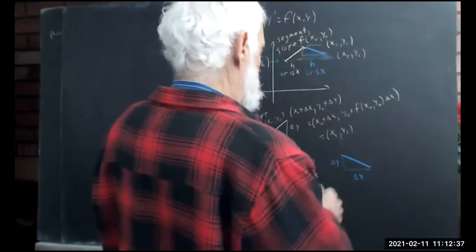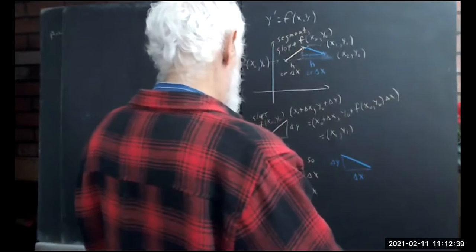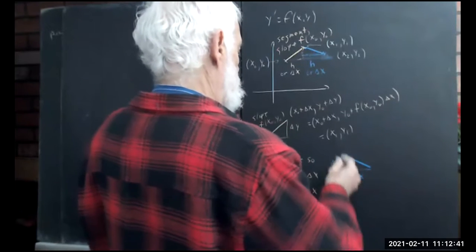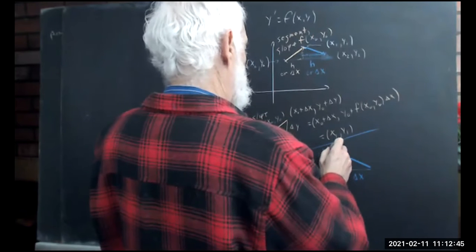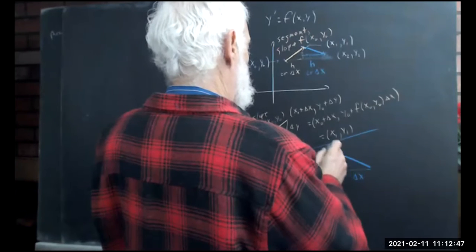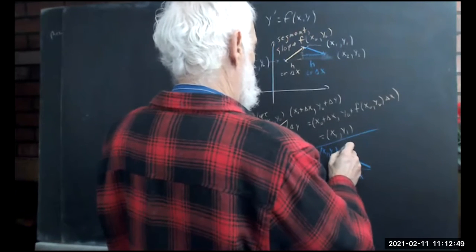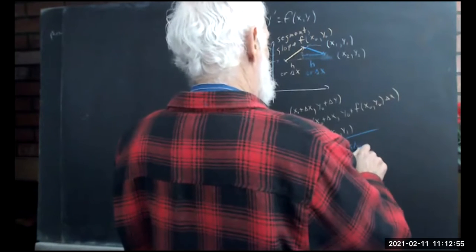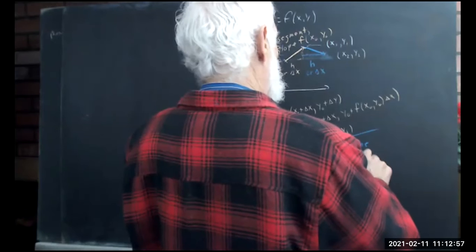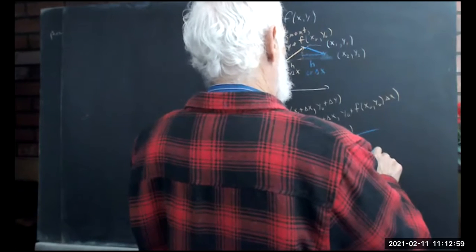On this one, well, this point is x1, y1. The slope is f of x1, y1.